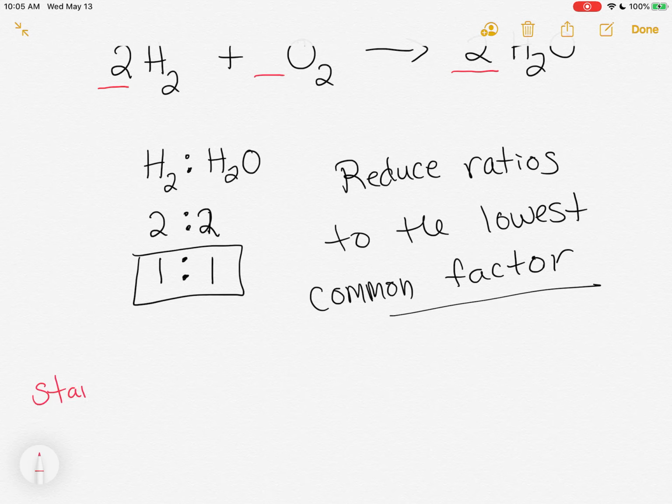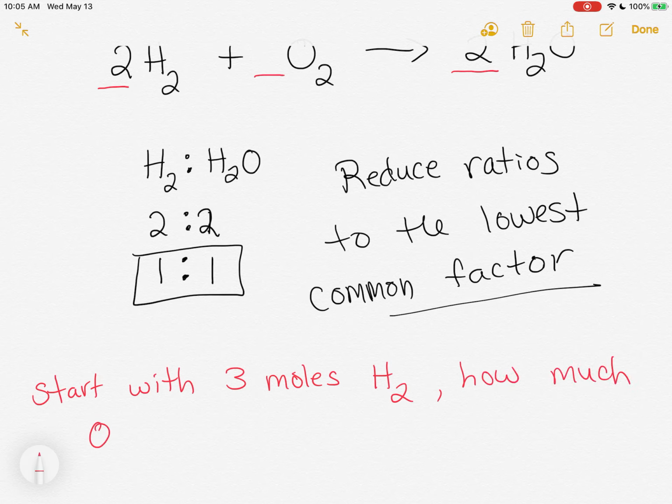Okay, and so we can use that mole ratio. So, for example, if we start with 3 moles of hydrogen, how much oxygen will we need?